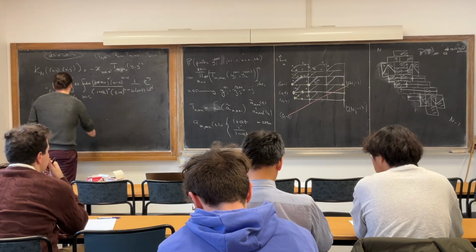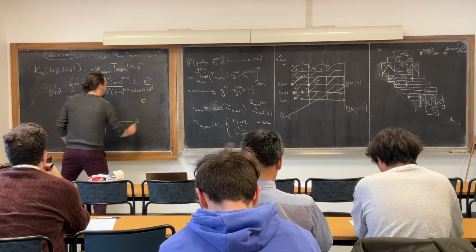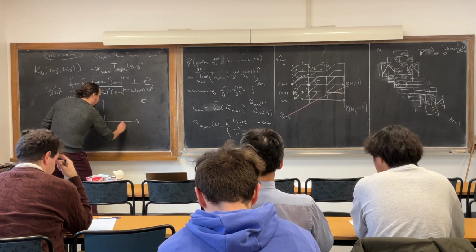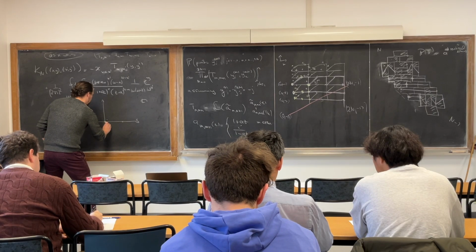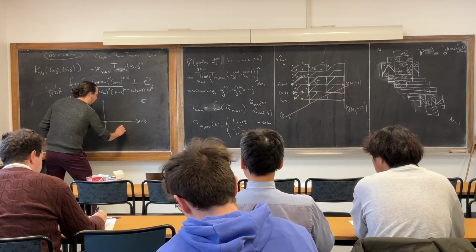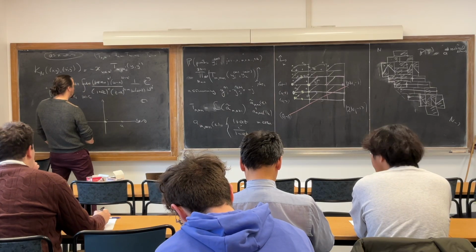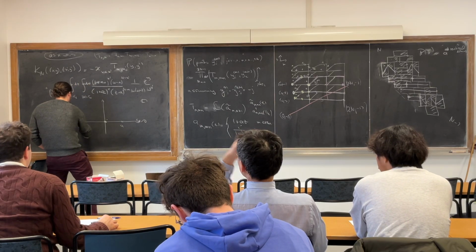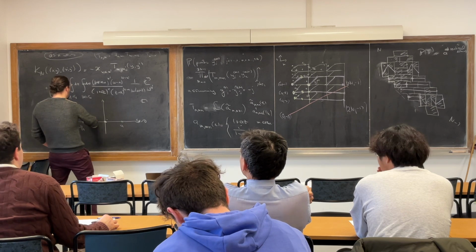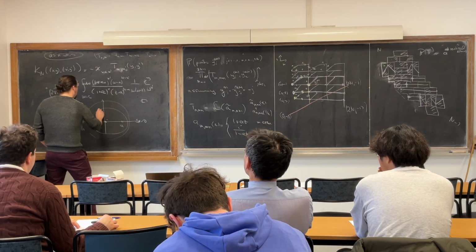Okay, so let's do this again. So here is C. We have a pole at 0, a pole at infinity. We have a here, and we have minus 1 over a here. And our circles need to be around this, and they go in this direction.